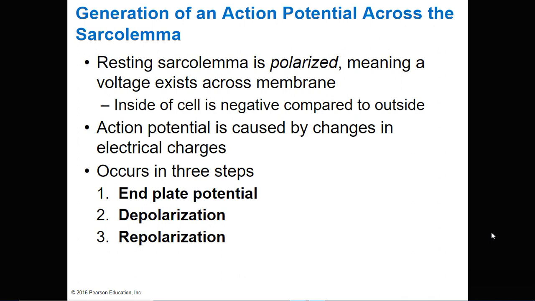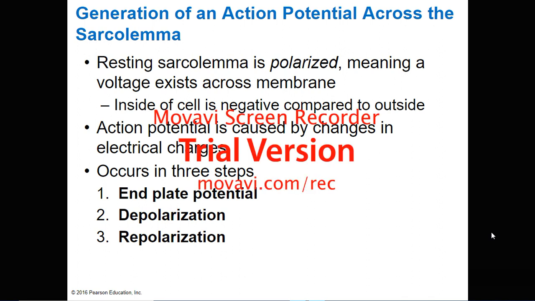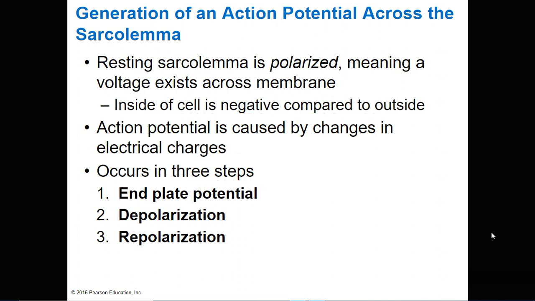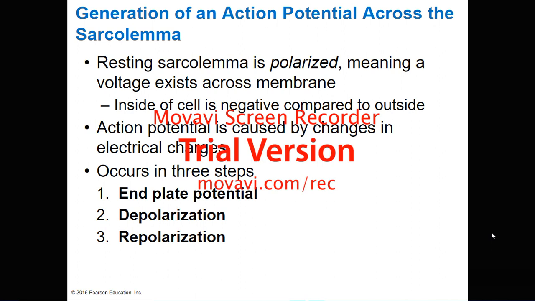It's going to cause the resting sarcolemma to go from negative inside the cell to positive, but then it has to come back to resting membrane potential, so back to negative. So it goes from negative to positive, back to negative. And that occurs in 3 steps: the end plate potential, depolarization, and repolarization.